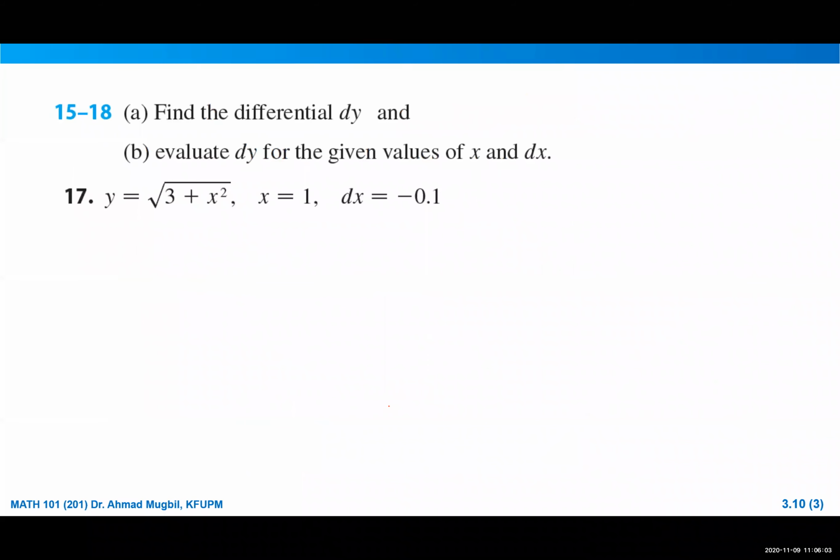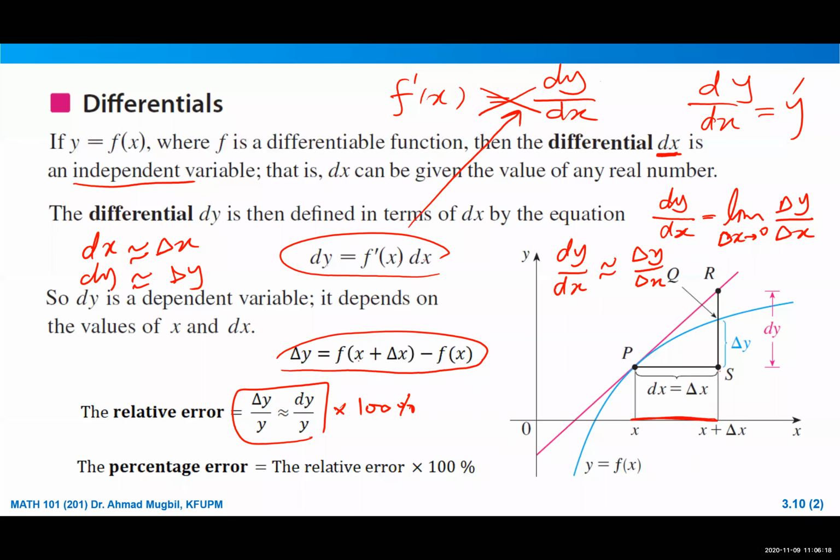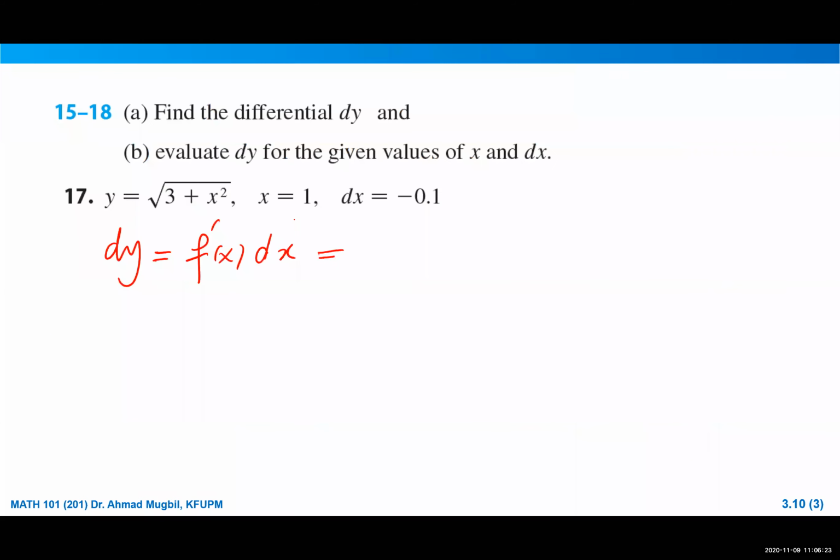So this is an exercise about this section. Find the differential dy. This is y. So what will be the differential dy, Shabab? dy will be the derivative of y times dx. This is the definition of the differential dy. So it is equal to f prime. What is f prime of this function?